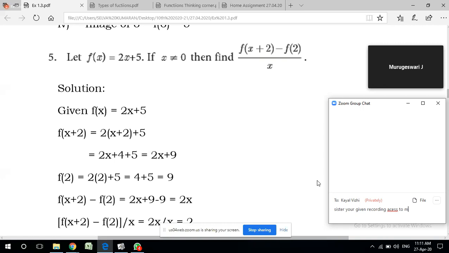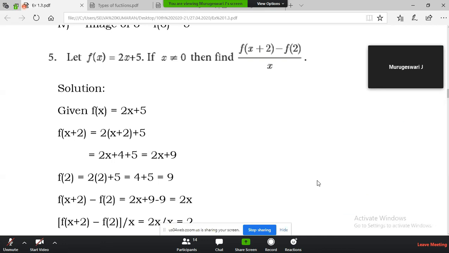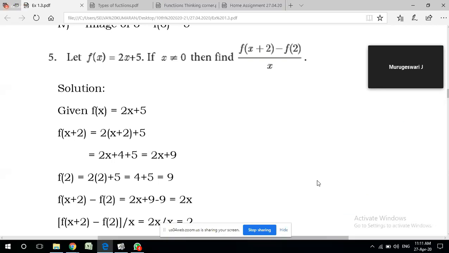Okay, so first f of x plus 2. What is f of x plus 2? You know f of x is 2x plus 5. So instead of x you can put x plus 2. So 2x plus 5, instead of x you can write x plus 2.